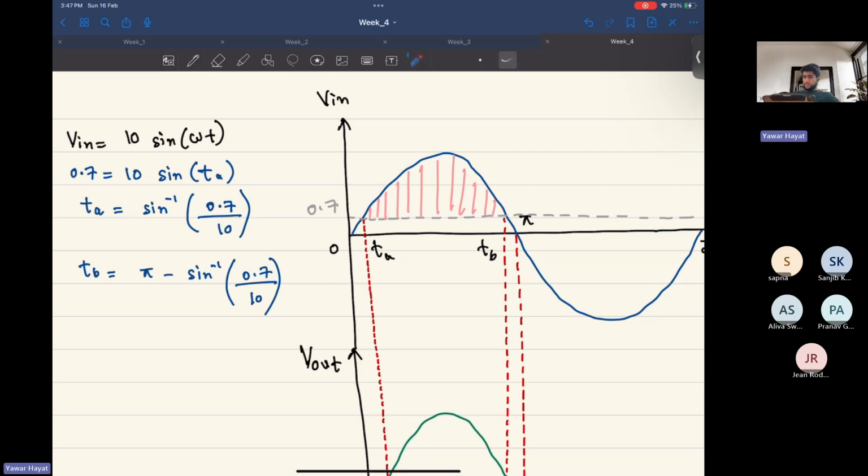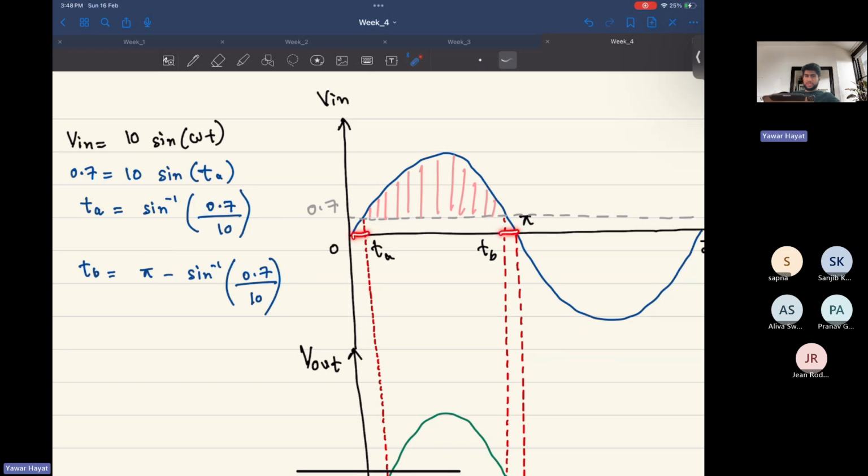And your TB, which is this, would be equal to this much, pi, minus this distance. This distance we can compute in this fashion. This is also symmetrical, from the symmetry of the problem. That's why I can write TB as pi minus TA, right?